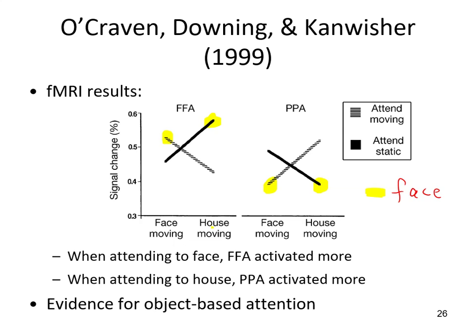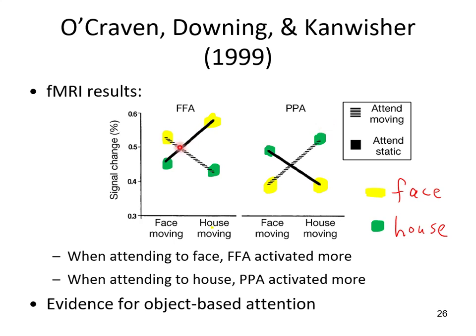In a very similar fashion, if the face is moving but we attend static, that means it is the house. If the house is moving and we attend to the moving object, then we are attending to the house, and so on. You follow this? Okay, now it is much clearer.